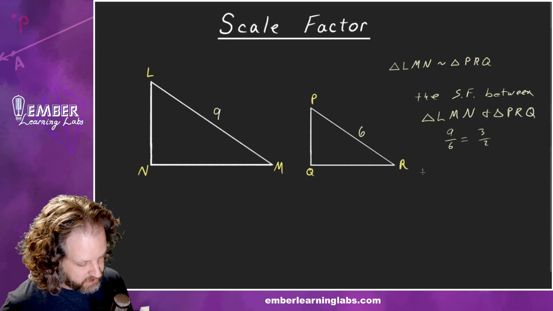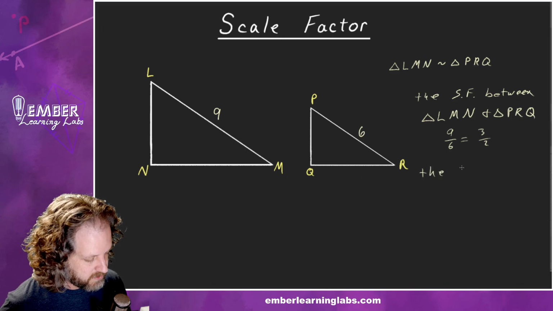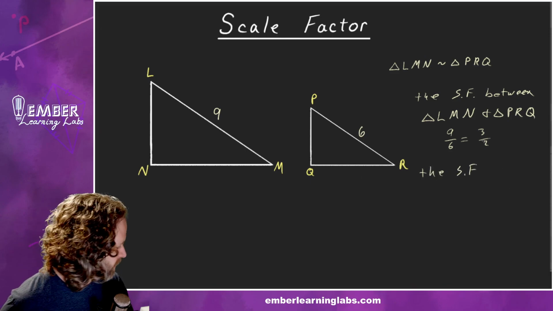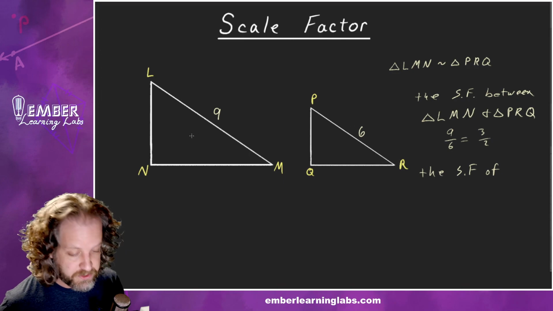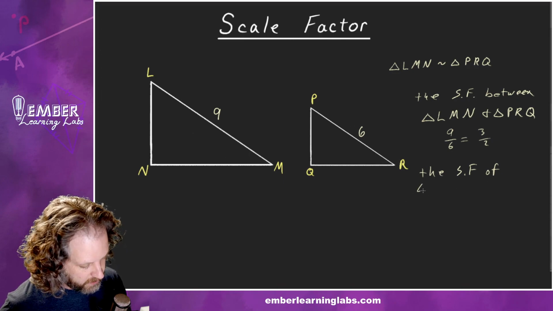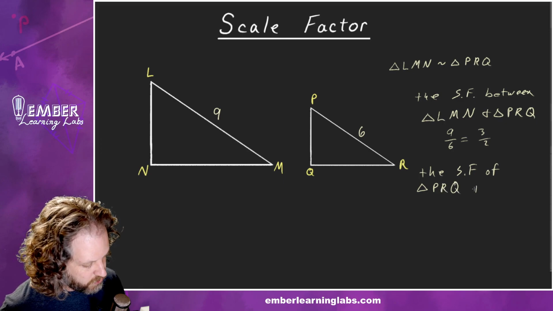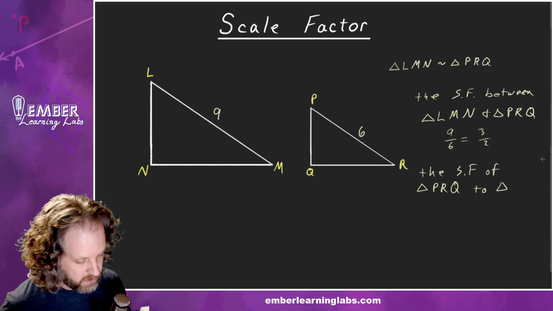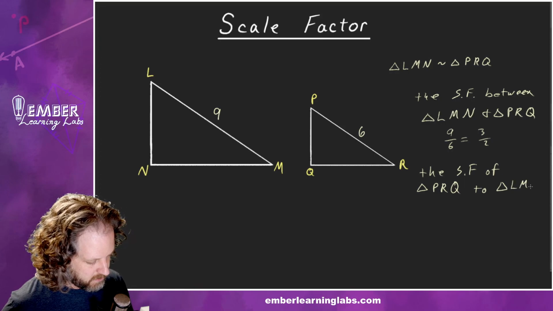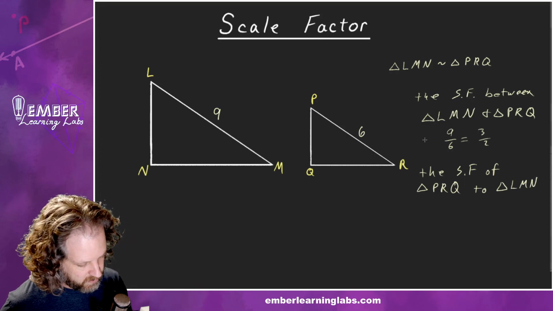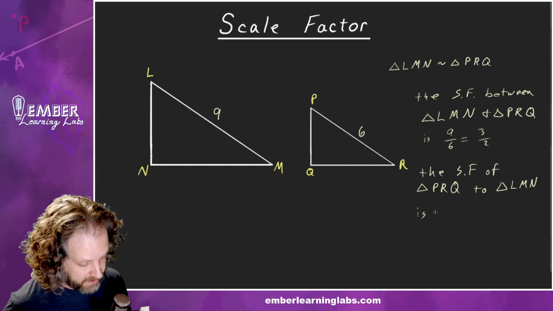The scale factor of triangle PRQ, so the little one to the big one, to triangle LMN is 6 to 9, which would reduce to 2/3.